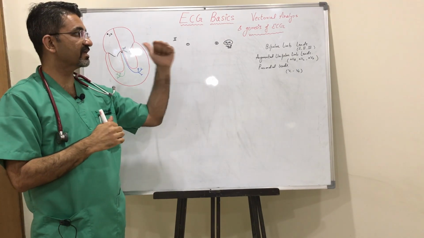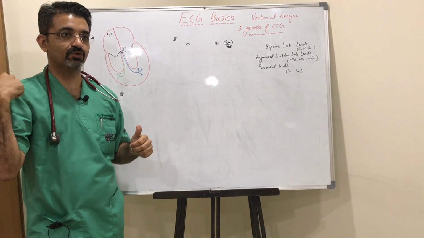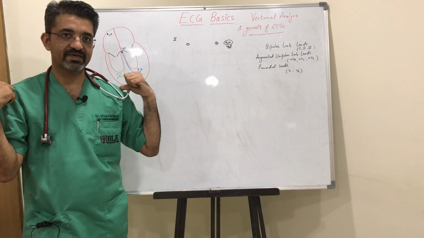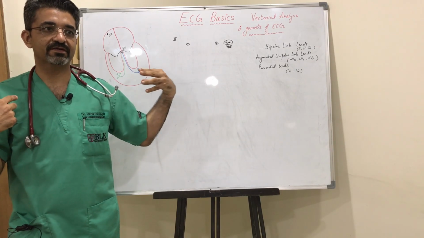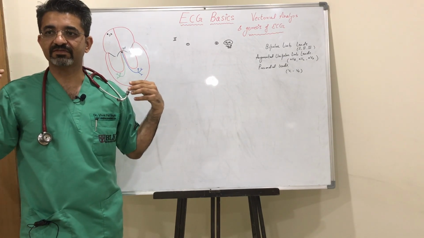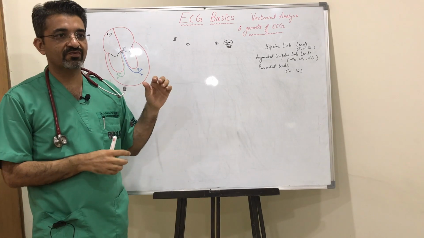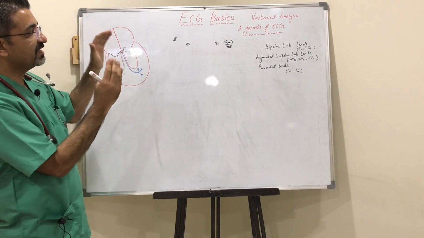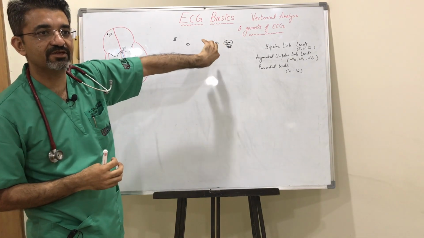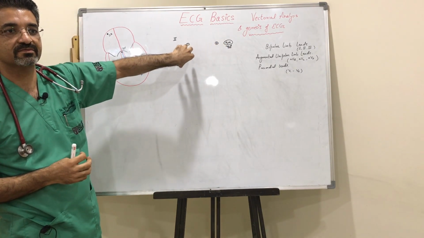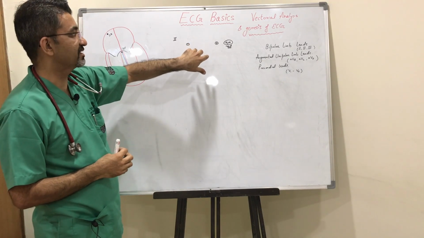If I have a negative electrode on my right shoulder and a positive electrode on my left shoulder, this lead is looking from this side. I am not looking from my negative side. So every time you imagine a lead, always imagine looking into the heart from the positive side of that lead, from the positive electrode side of that lead.